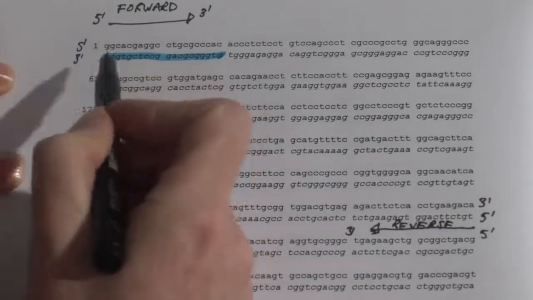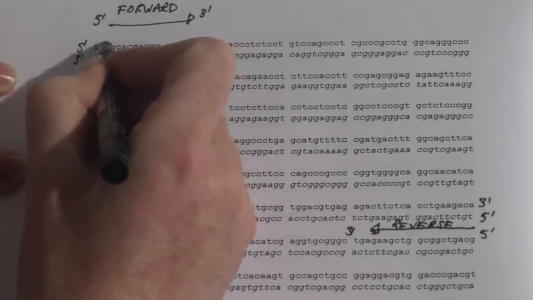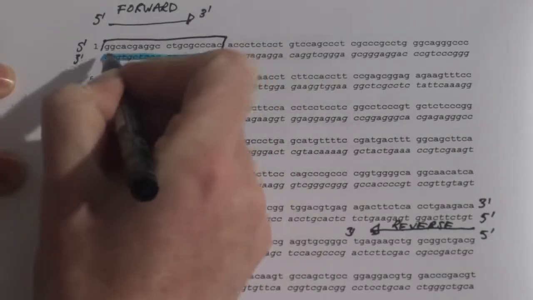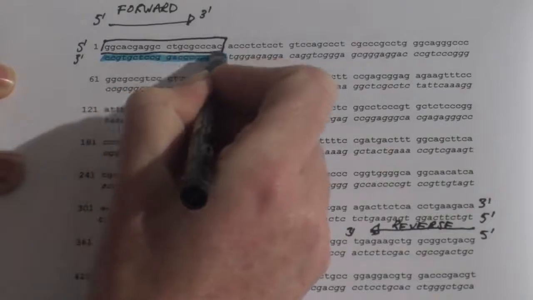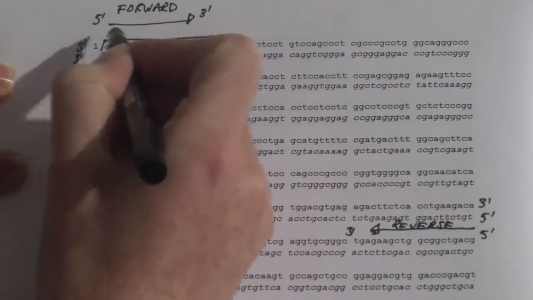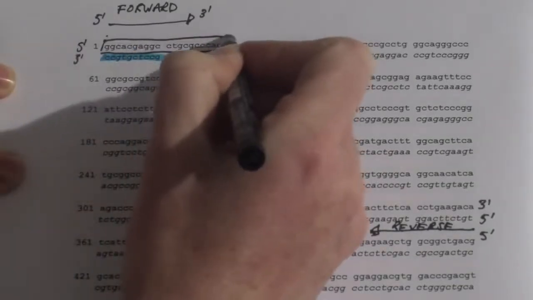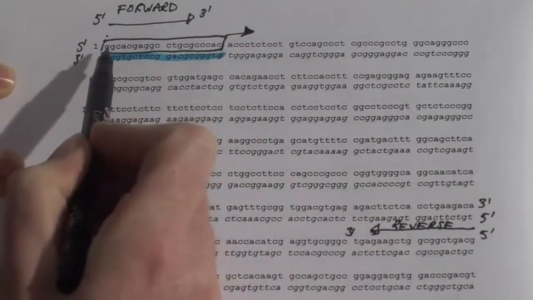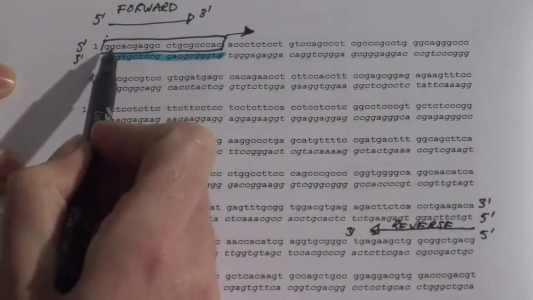And if that's my primer binding site, it follows that actually the sequence that we see up top here is my primer sequence. And this is its 5' end, and this is its 3' end, and it's running in this direction here. So my forward primer is straightforward. It's as easy as you see it here.